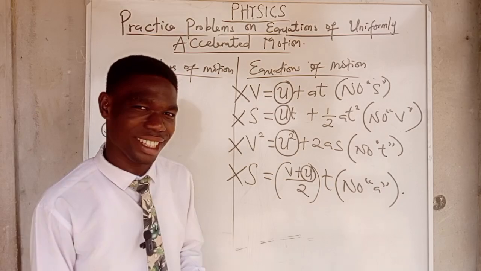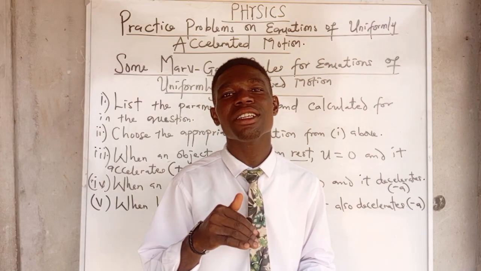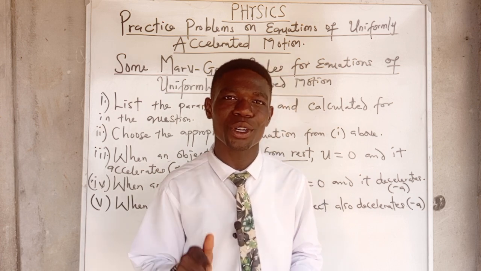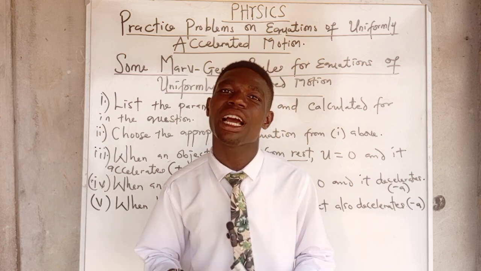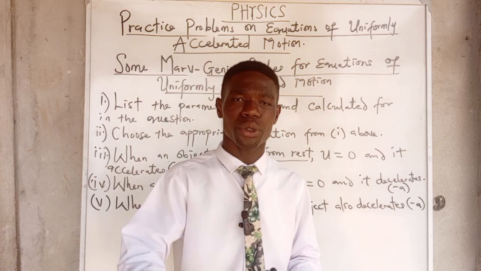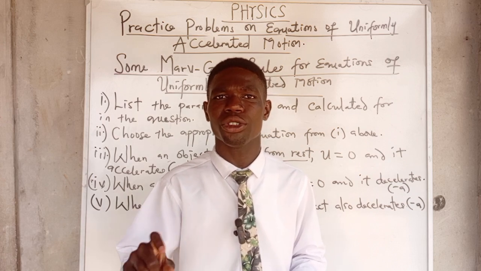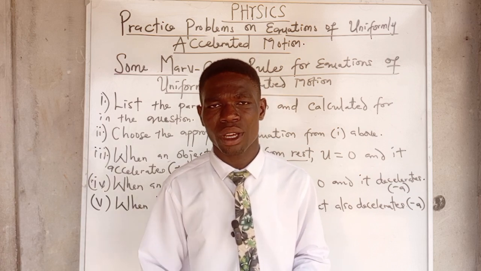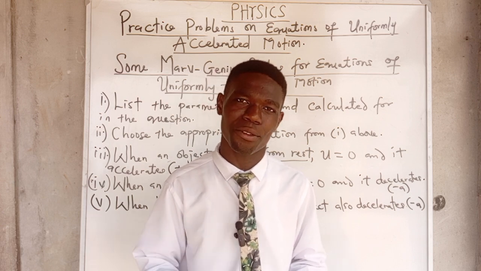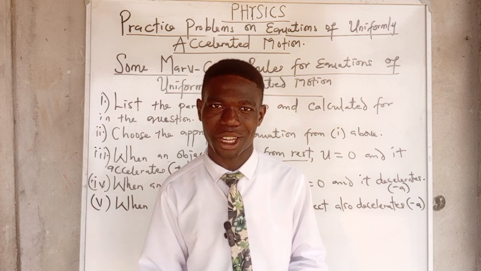uniformly accelerated motion. All right, now having looked at the first step in solving problems on equations of uniformly accelerated motion, which is to know how to find the formula to use out of the four equations, we are moving on to some rules that will be helpful in understanding how to solve problems on this topic as well.